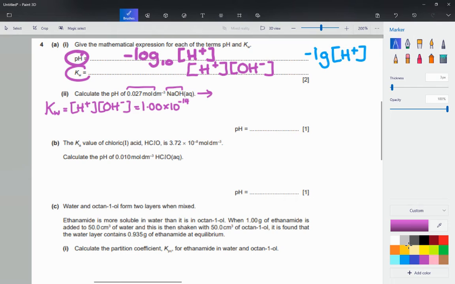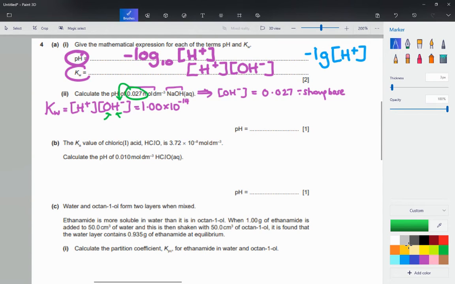Sodium hydroxide is a strong alkali, a strong base, so it will dissociate. The actual concentration of OH- would also be equal to 0.027, so we already have this value from the question.